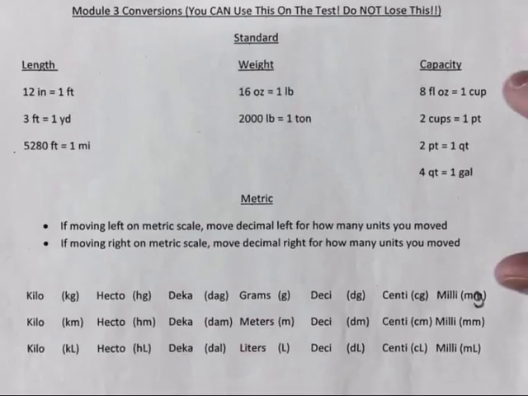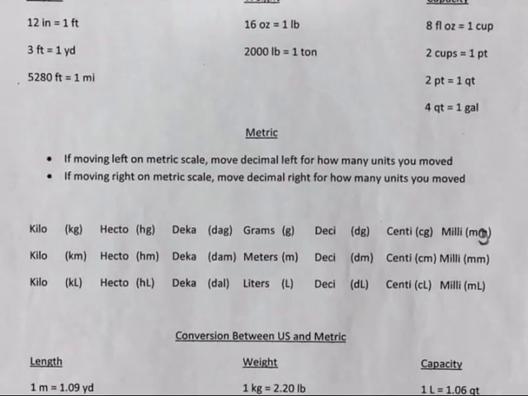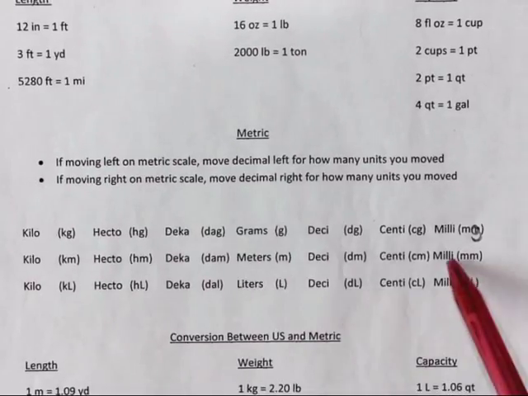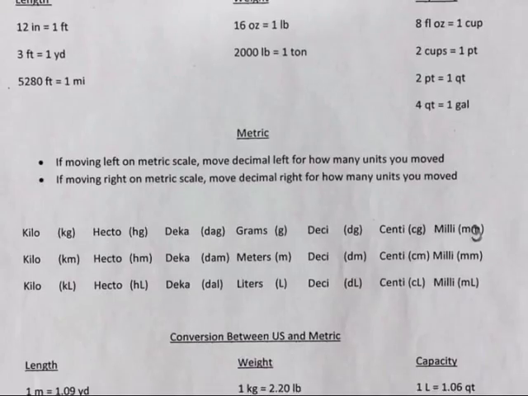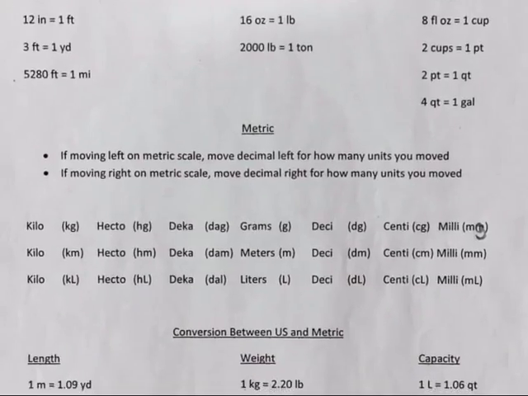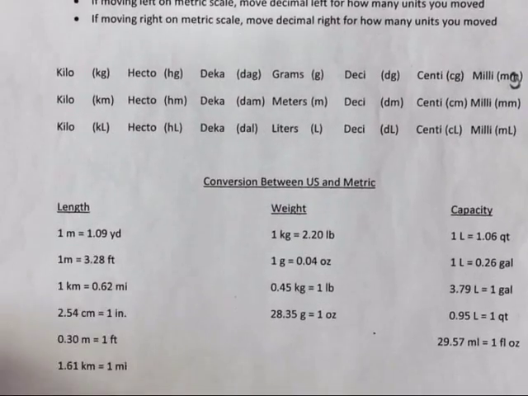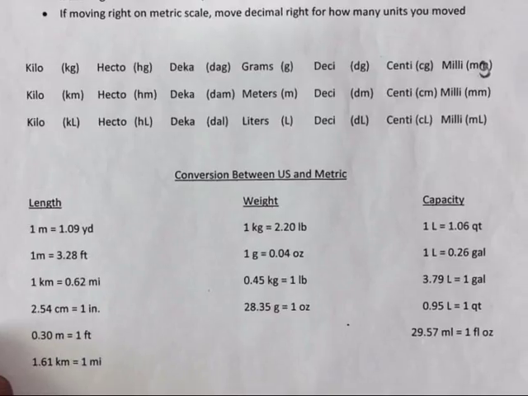And then in the middle, you've got metric, and we're going to be dealing with length with the metric system, and that is going to be the middle row, which is meters. And we'll talk about how to use that here in just a minute. And then the bottom part is conversions between US and metric.